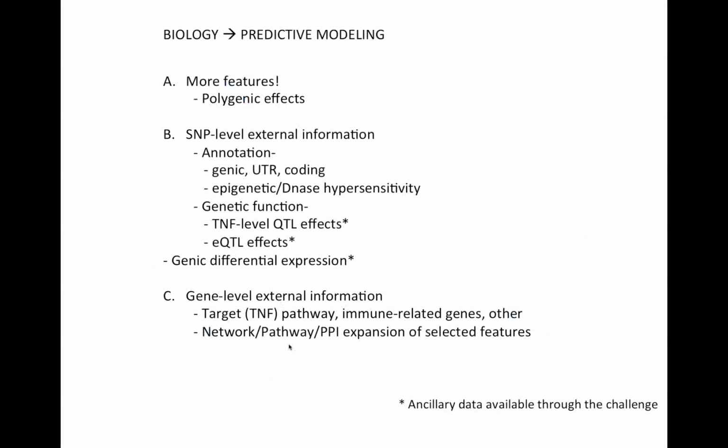And then I'm going to make an aside here, these points with asterisks at the end, just to review the ancillary data that are available as part of the challenge, which I think are underutilized so far, and then jump back up to point C, thinking again more about publicly available data, but potentially a strategy that could be of interest to use pathways or networks to inform feature selection. Next slide, please.